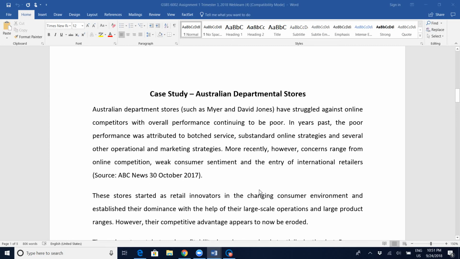By this time, all of you know that the assignment is a case study on Australian departmental stores. Australian departmental stores have been struggling against their online competitors in recent years, and their performance has been very poor.